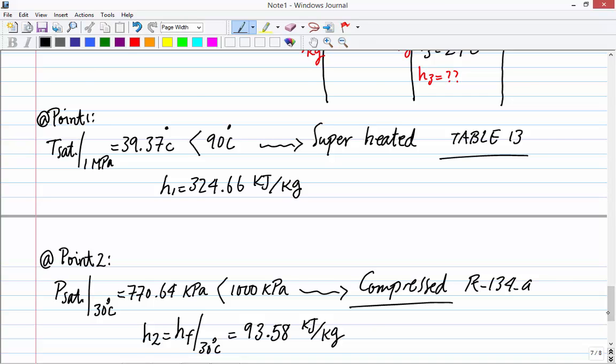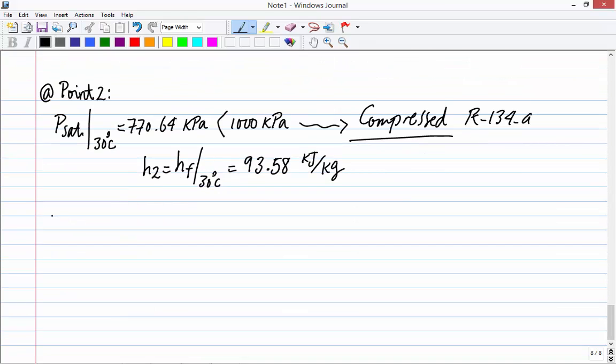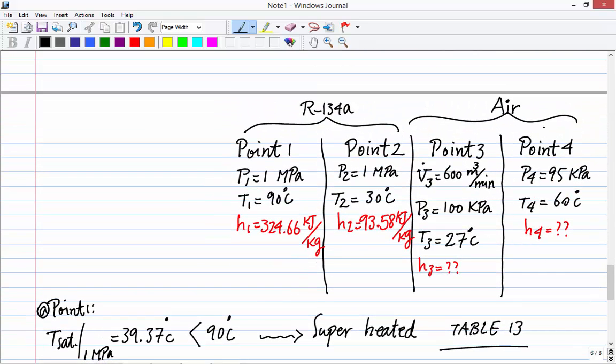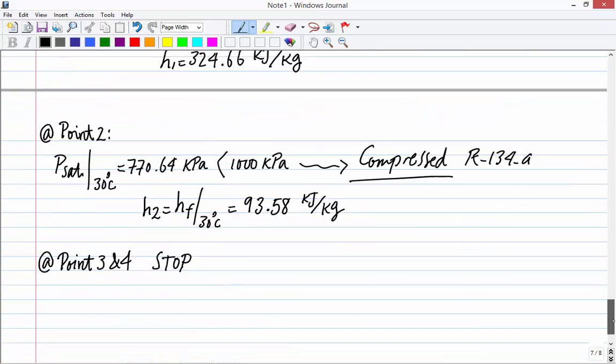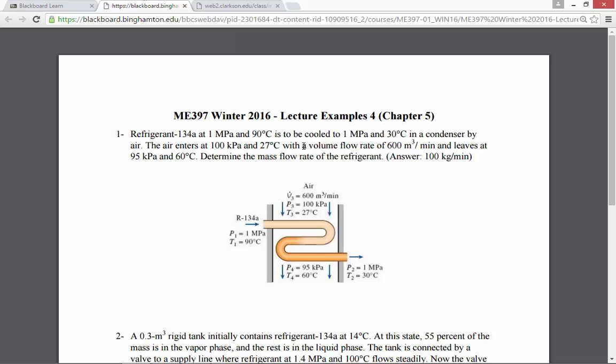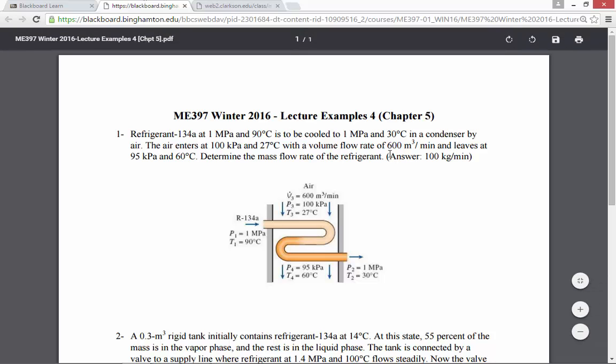So at point 3 and 4, stop. Hold on. What's the material? It's air. And let me check the question. Did it say anything about air?